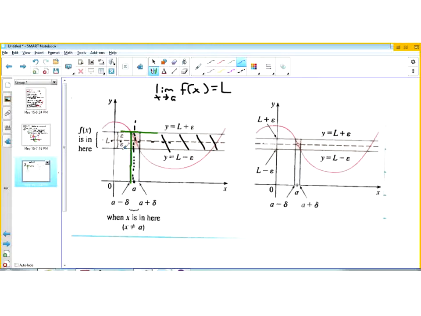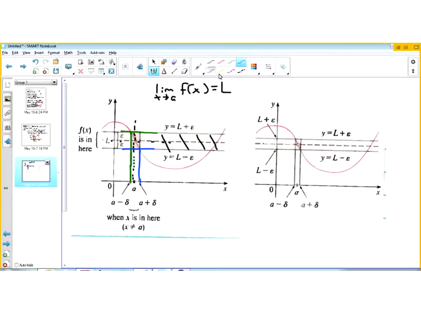Next, identify the lower boundary of the strip, which I'll accentuate in blue. Now drop a perpendicular from the point where the lower boundary and the function intersect, down to the x-axis like that.